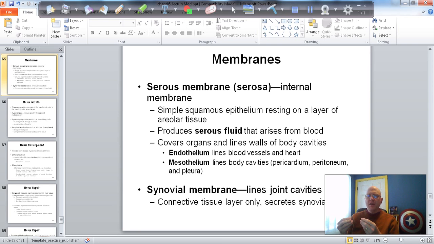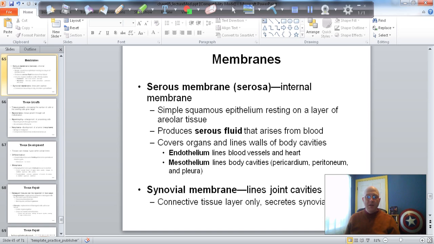It has a consistency, though, of egg white, so it's almost mucousy, but it's still meant to be a slippery fluid that is going to help to keep the bones from creating a lot of friction as they move against one another. So we find synovial membranes lining joint cavities. It's only a connective tissue layer and secretes this thick egg white-like synovial fluid.